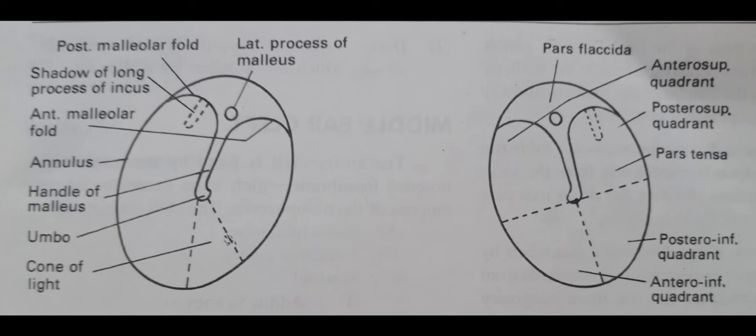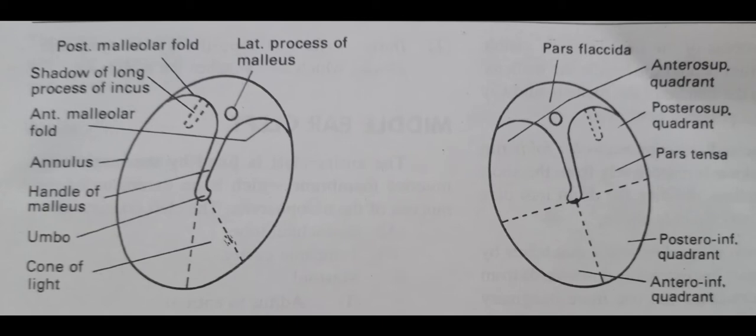Then some features of the tympanic membrane: on examination using illumination or light, the eardrum appears lustrous, pearly gray, translucent and concave.